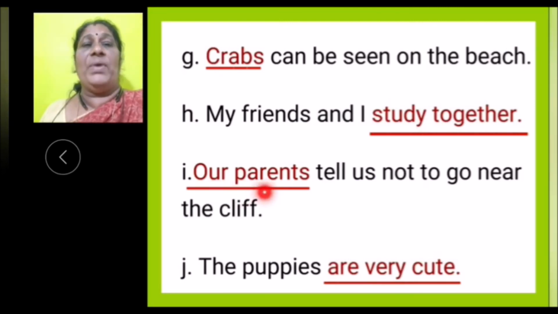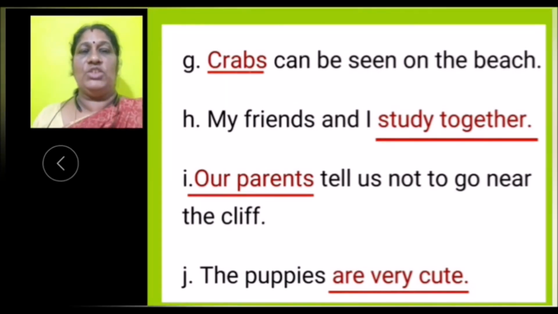I. Our parents tell us not to go near the cliff. Who tell us not to go near the cliff? Our parents. That is the subject of this sentence. J. The puppies are very cute. What is missing in this sentence? Are very cute. That is the predicate of this sentence.